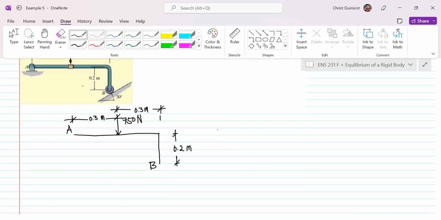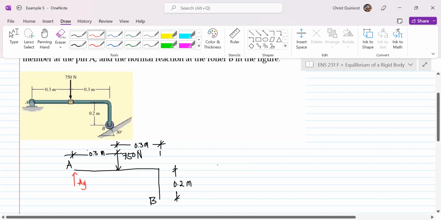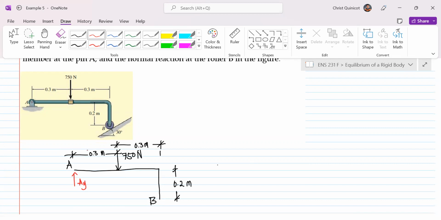Okay, so at A, we have A sub Y going up. Now, for B, whenever there is a force from a structure on an incline, especially a roller, the force is normal to the point of contact or at the surface, right?